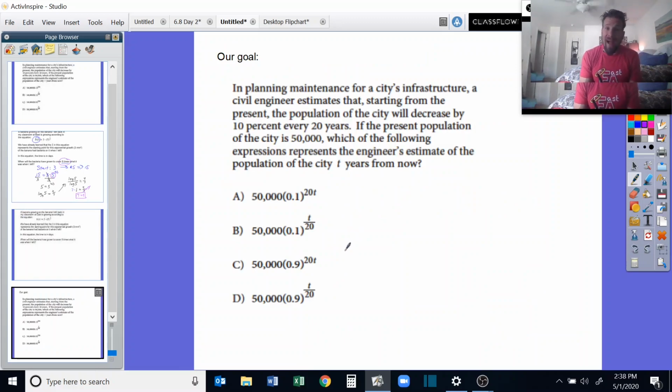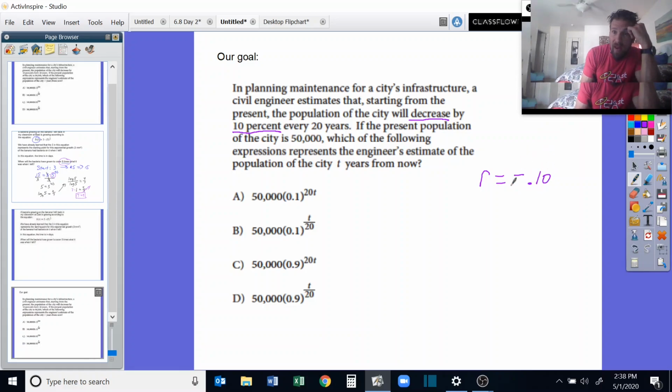Now, we already have what we need, our new information for how to solve an SAT problem like this. Let's go back to this SAT problem and see how what we just saw applies to it. This says it decreases by 10%. So I already know that my rate is going to be decreasing by 10%.